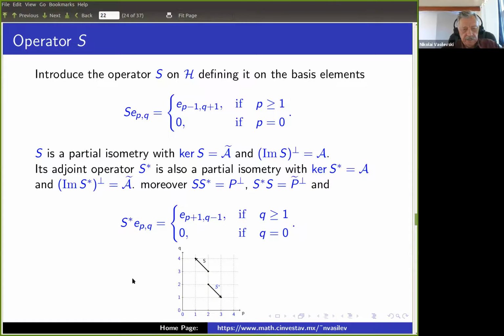It moves each node PQ to the nearest northwest node. And the operator S star moves each node PQ to the nearest southeast node. So this is a very nice and very simple graphical interpretation of the action of the operators S and S star on the basis elements in our space H.